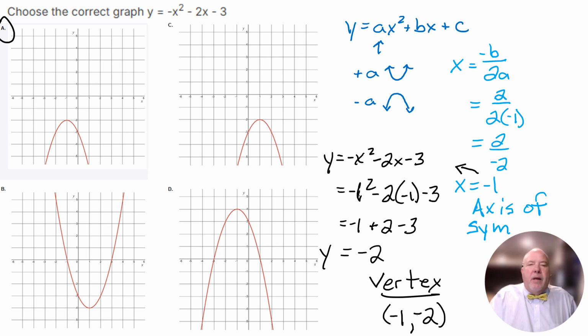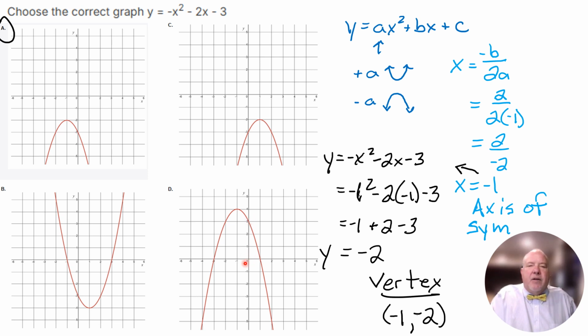I will point out one other thing that we could have done to figure out which of these answers was right. So remember, we had it down to A and D, and to figure it out, we found out what the coordinates of the vertex were. The other thing we could have done is figured out what the y-intercept is, where it crosses the y-axis. And you can see this one has a y-intercept of negative 3, and this one has a y-intercept of positive 3. Now, the y-intercept occurs where the x value is 0.